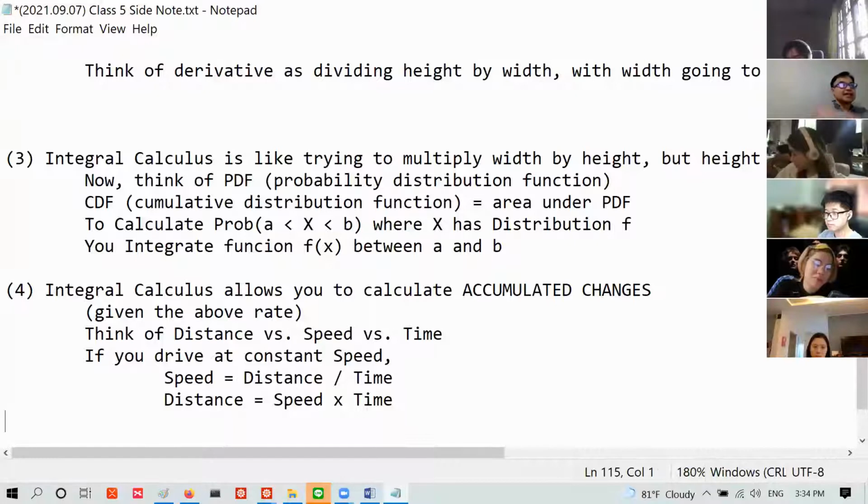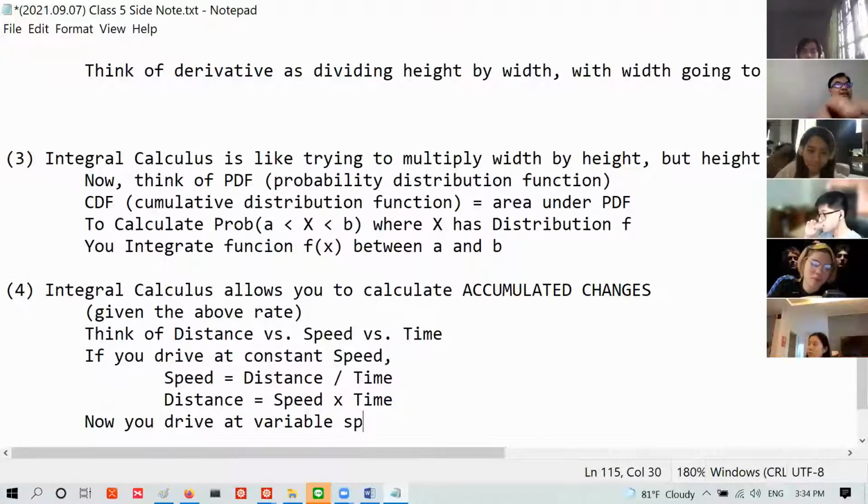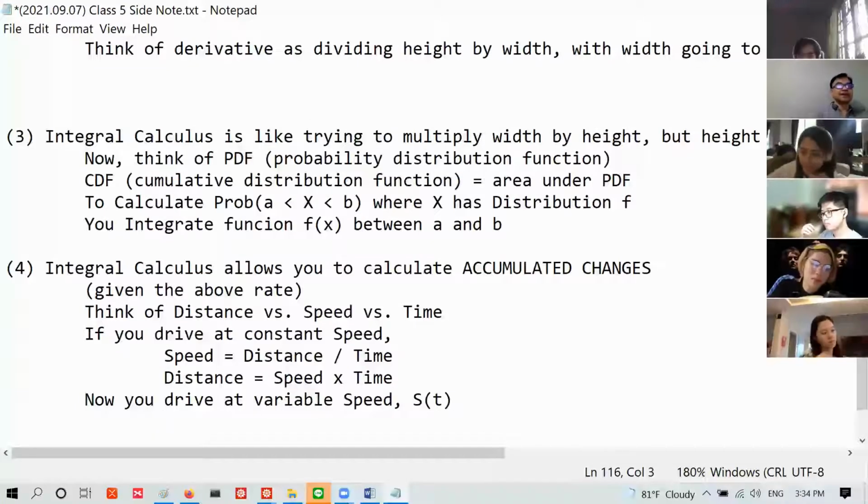Now you drive at variable speed. So you drive at s of t.